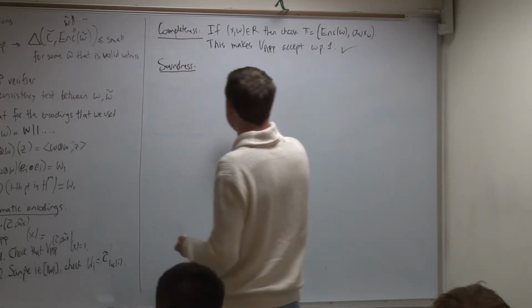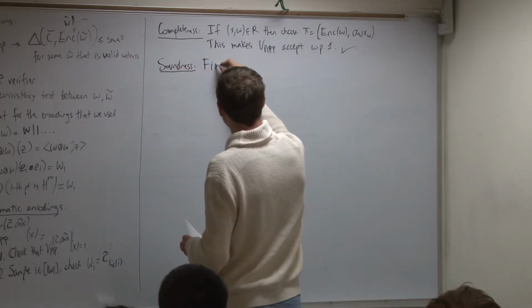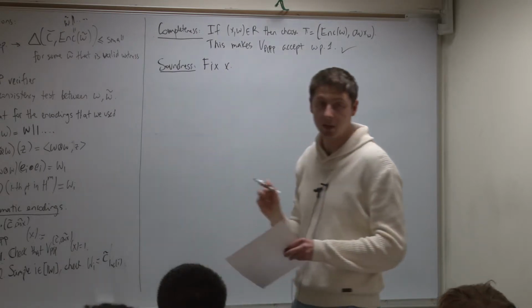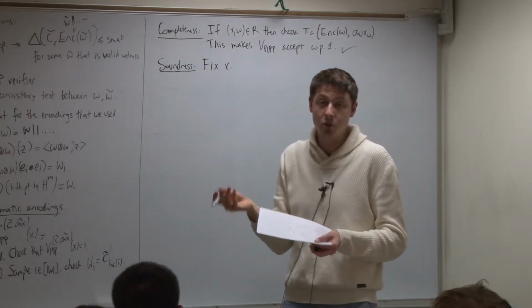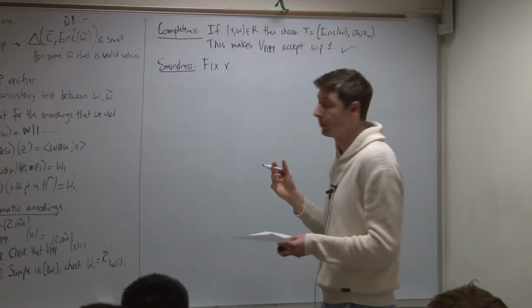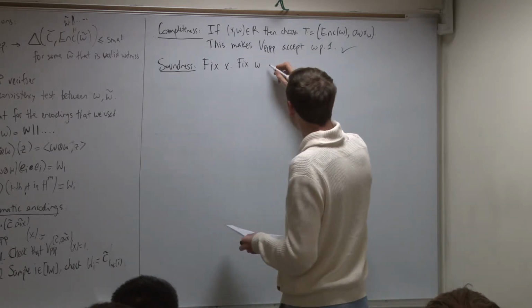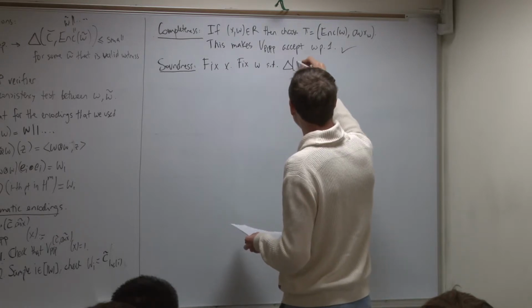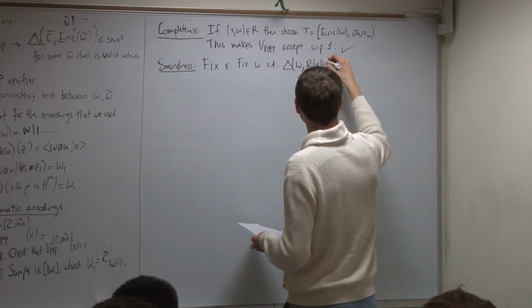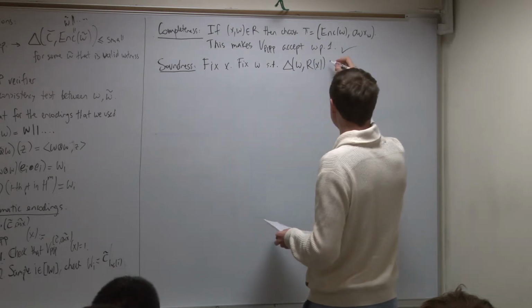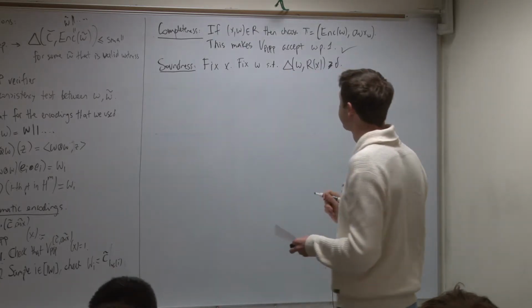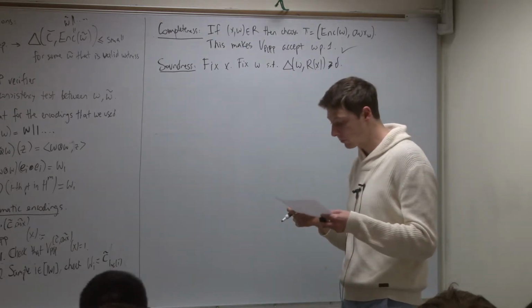All right, soundness. So let's see what soundness says. Soundness says that we're going to fix x. We don't know, it's maybe in the language, maybe outside the language. We're also going to fix some W such that all we know is that it has distance from all valid witnesses for x of at least delta.